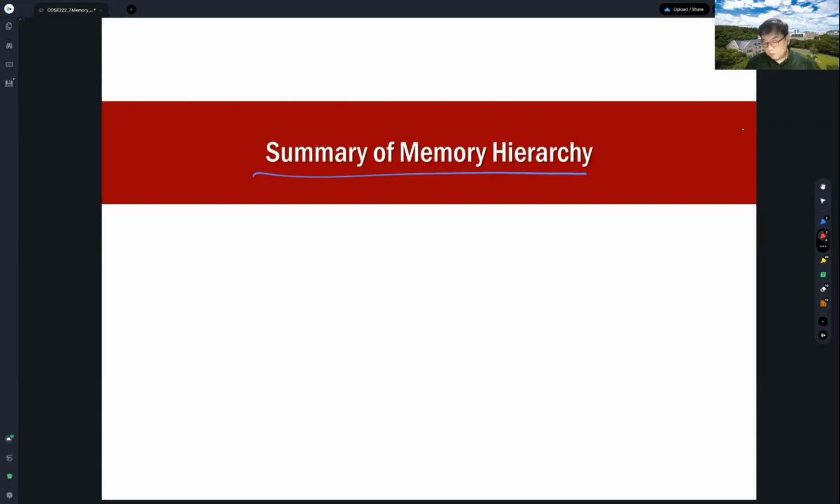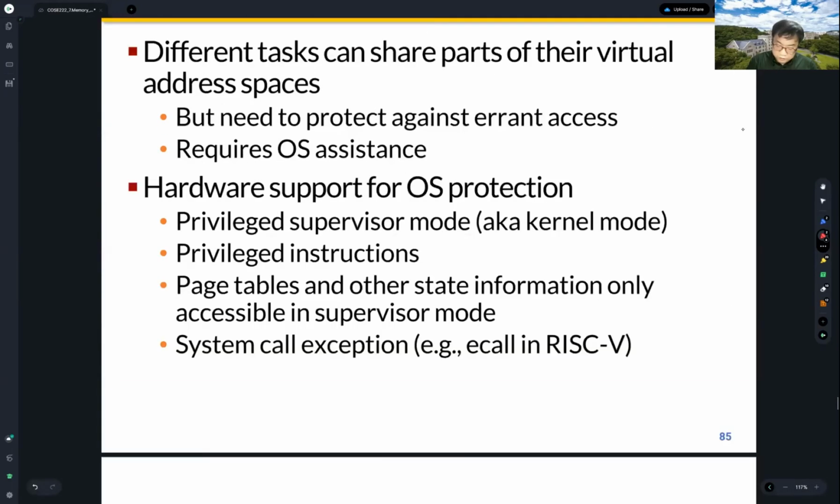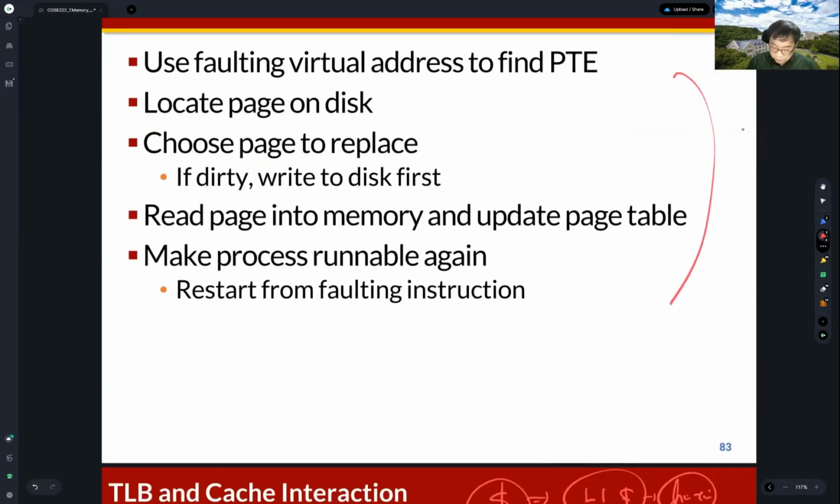We also learned about virtual memory. The software accesses the virtual memory space using the virtual address. In order to access the real physical memory, the virtual address needs to be translated into the physical address.